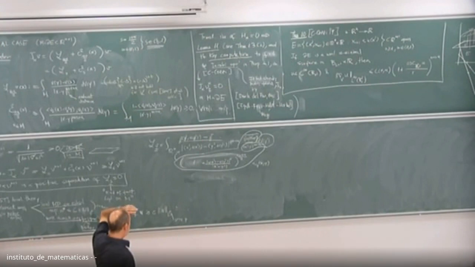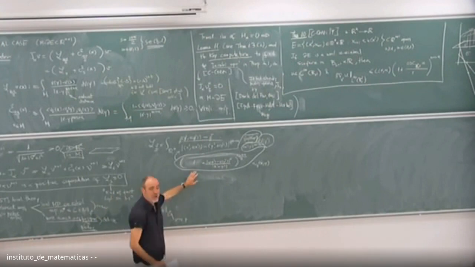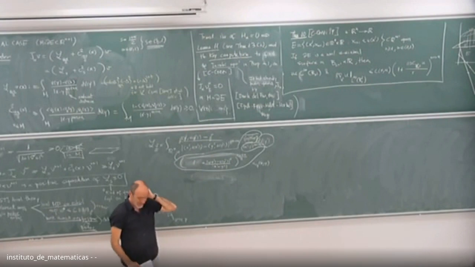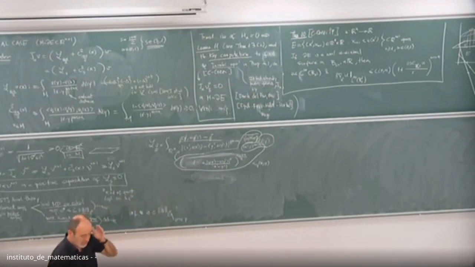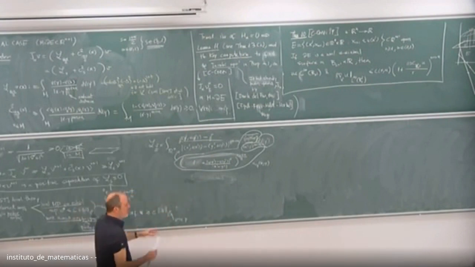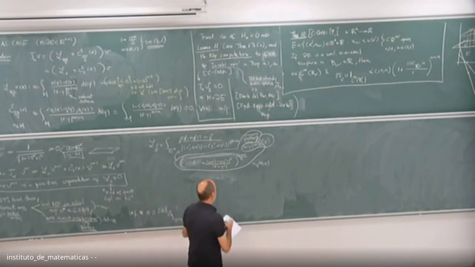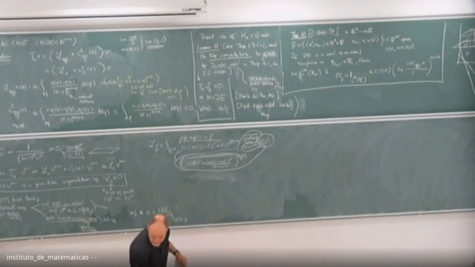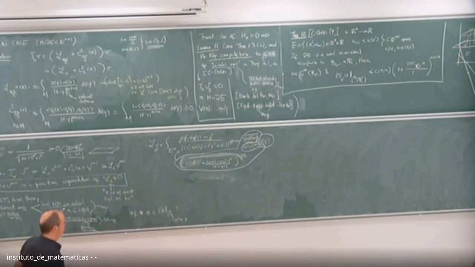But still, you see, we still don't know, we want to prove that the gradient is bounded. So we still don't know if these are uniformly elliptic or not.